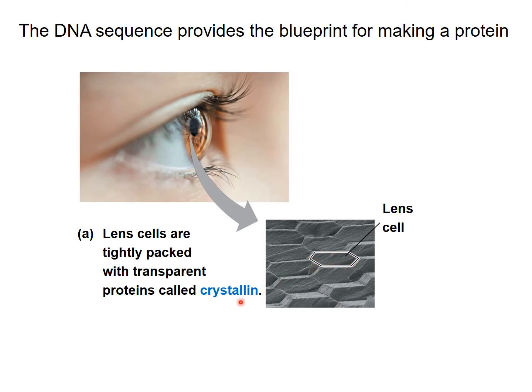These cells are going to be composed of crystallin, which is made up of protein. How this protein is made involves several different steps. That's referred to as gene expression, which is basically the expression of a particular gene, or the production of the gene.